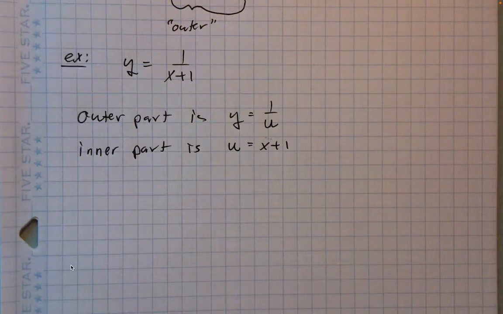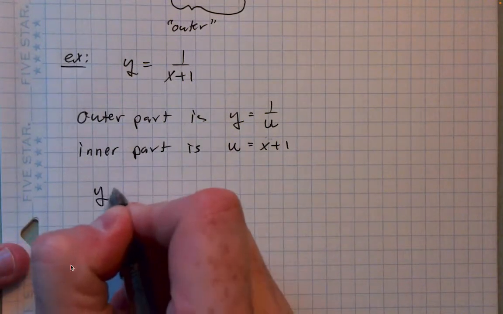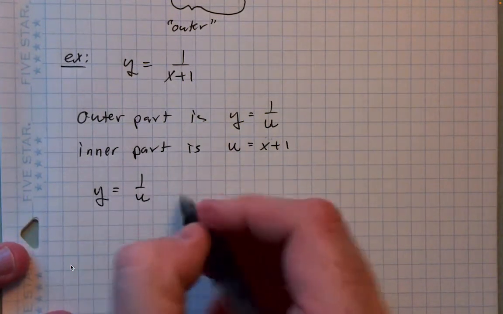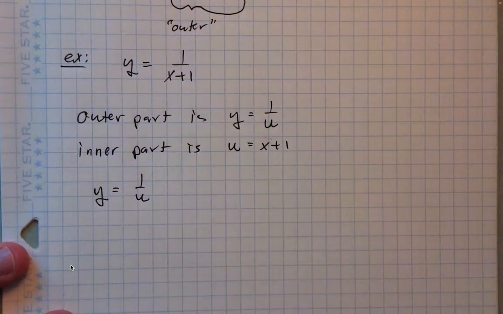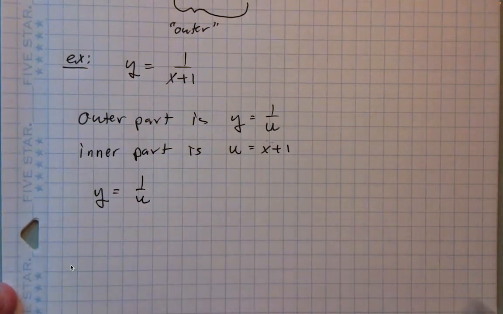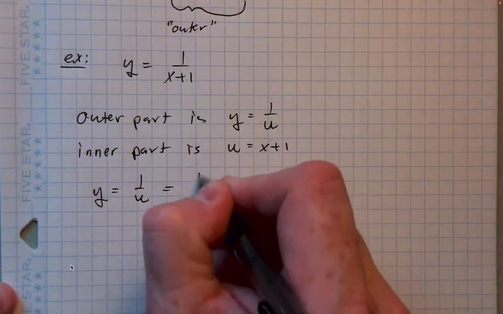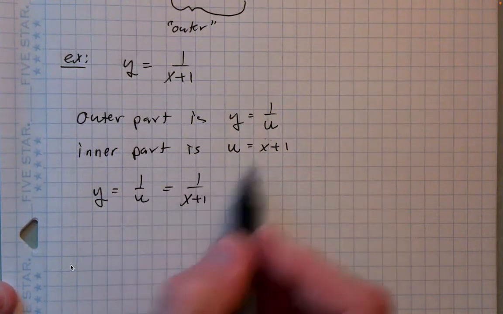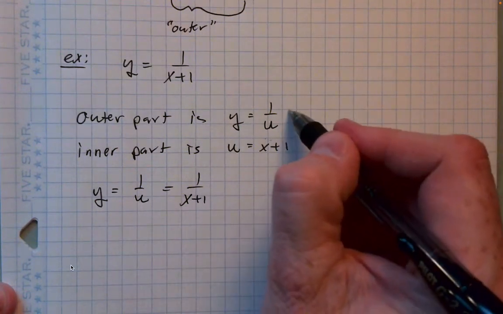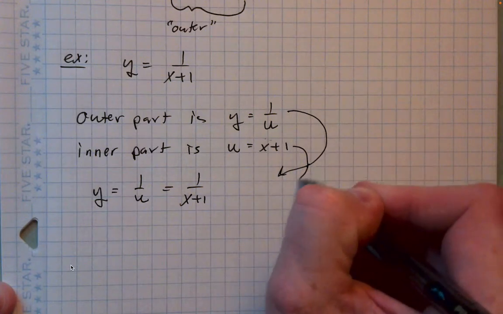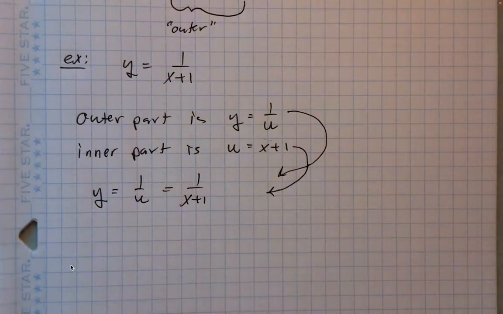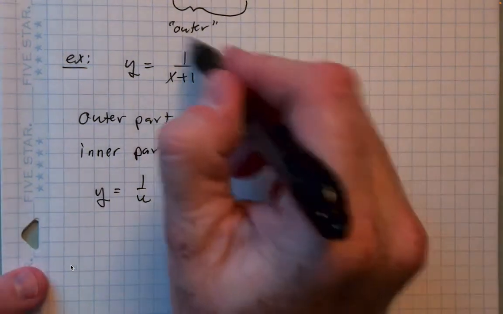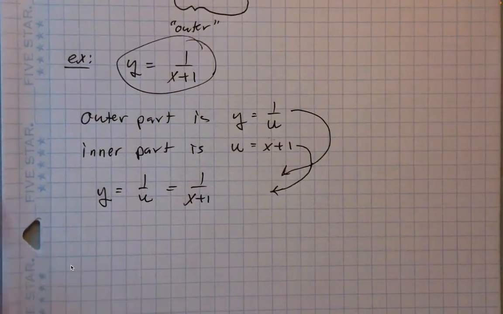If I say y equals 1 over u and plug in what u is, then I get 1 over x plus 1, since u is x plus 1. So you can see how these two pieces can be combined. You can use the one inside of the other to form the original function.